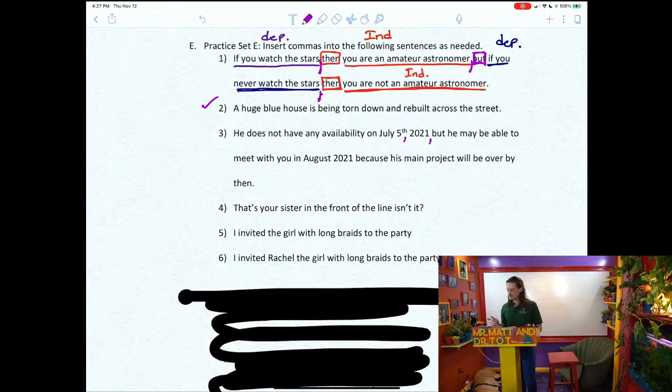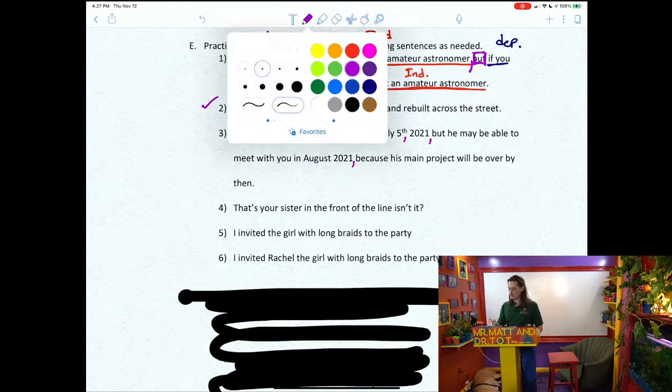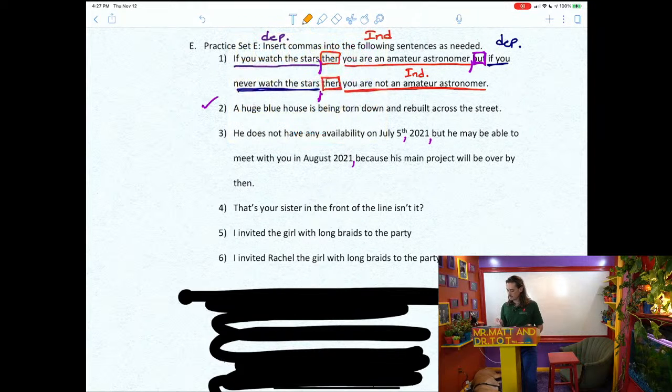And technically we need a comma before but because it is a conjunction. But he may be able to meet with you in August 2021 because his main project will be over by then. Those are 2 independent clauses connected by a conjunction. So we need a comma and a conjunction.